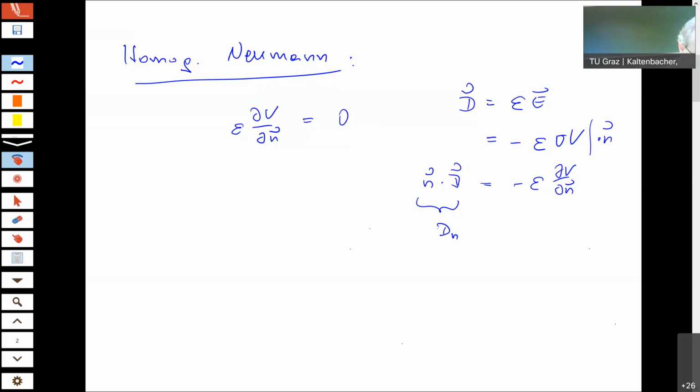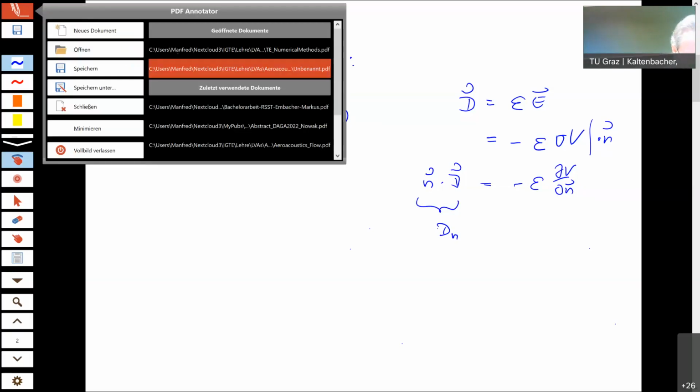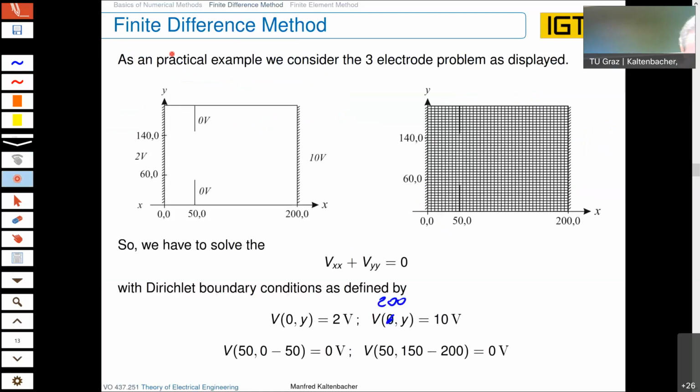That makes sense from the physical point of view, that the flux lines will be in parallel here. The normal vector, for example here, is going in this direction, and the normal component of D is equal to 0, which means we will have flux lines which go tangential here.